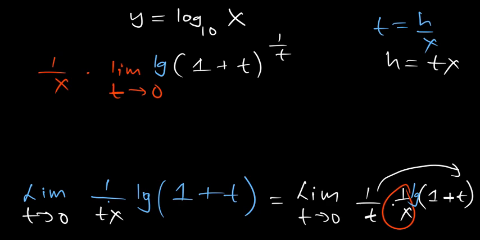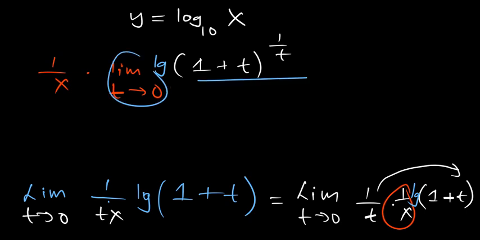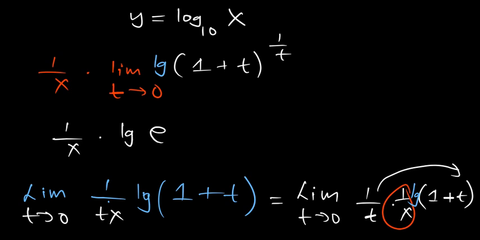Now our limit still stands. Our limit identity tells us this part with that part gives us e, right? So we're going to have 1 over x and then log of e from that identity. This with that part gives you e.